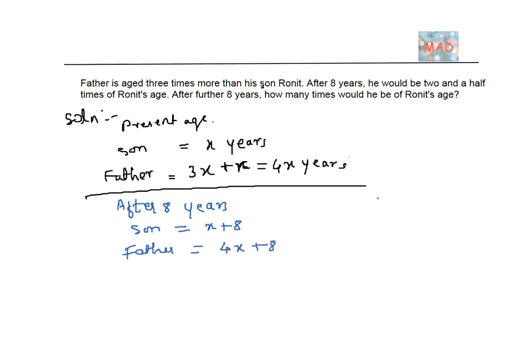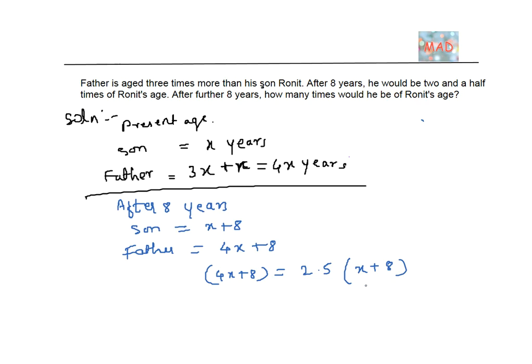Here they have given that after 8 years he would be 2.5 times Ronit's age. Now Ronit's age is x plus 8, so we got one equation here. Father's age 4x plus 8 is equal to 2.5 times Ronit's age, x plus 8.